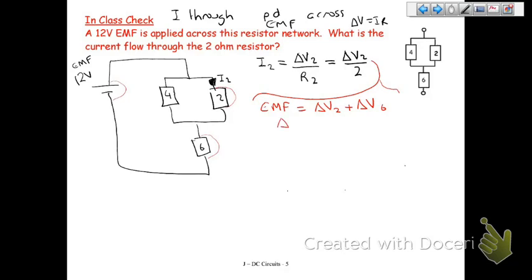Okay, so let's have a look. My voltage drop across my 2 is equal to my EMF minus my voltage drop across the 6. Put in what you know. My voltage drop across the 2 is equal to 12 minus my voltage drop across the 6.